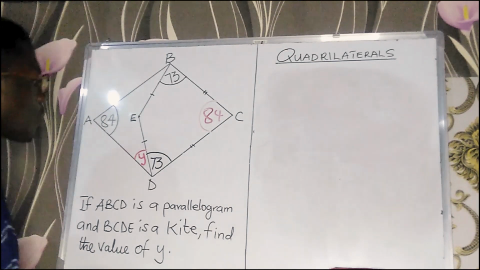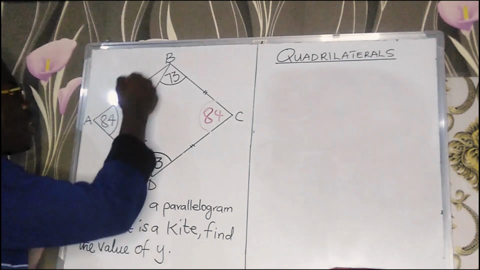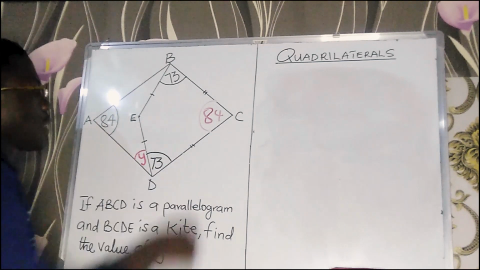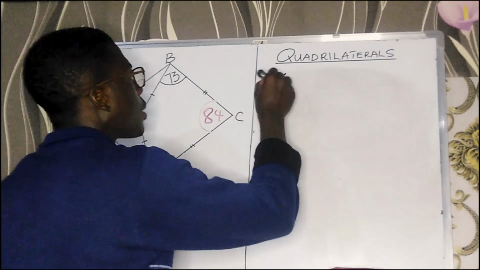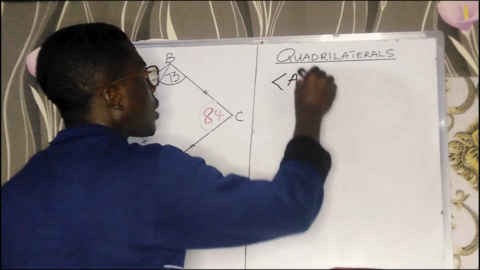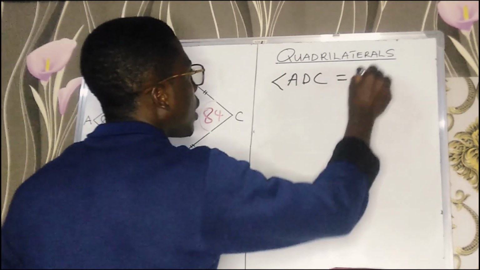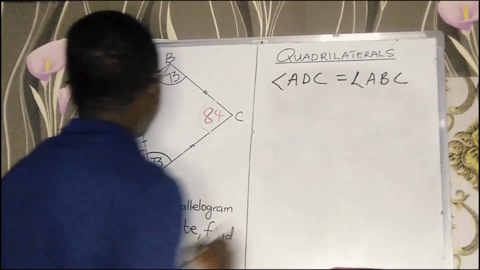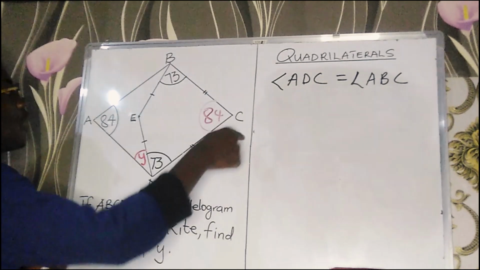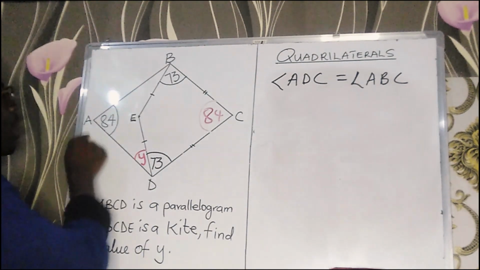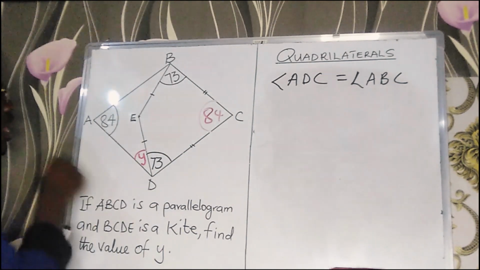And so angle ADC should be equal to angle ABC, because opposite angles of a parallelogram are equal.